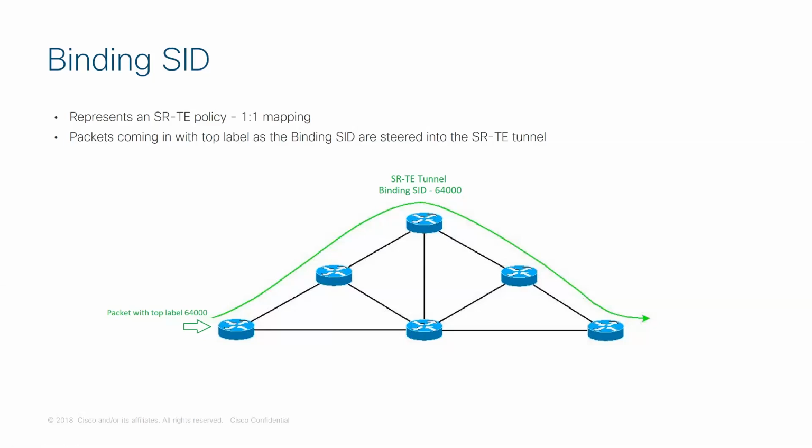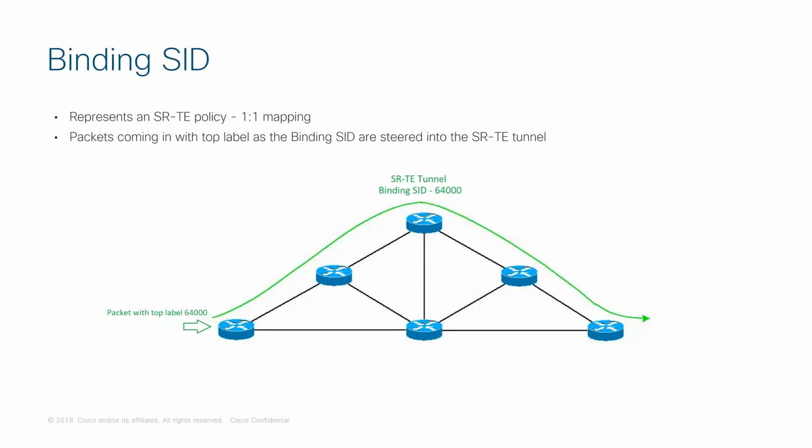So you will end up using more node SIDs to reduce the label stack, right? You use adjacency SID when the best path is not through that link. If you're okay to reach that remote node using the best path, just one node SID label is enough.